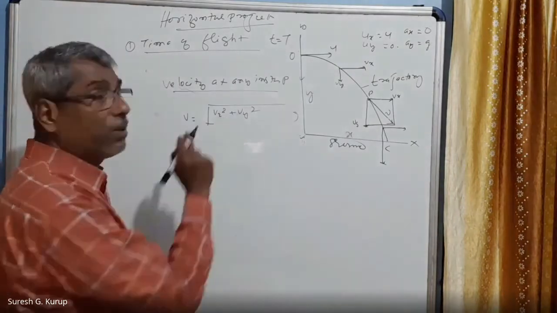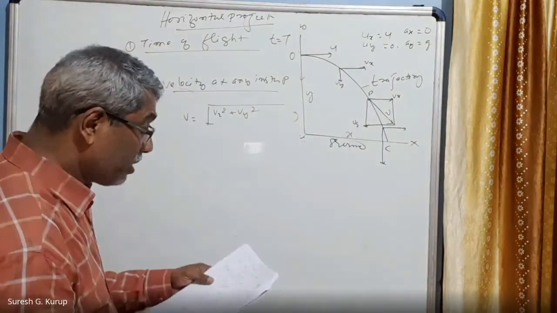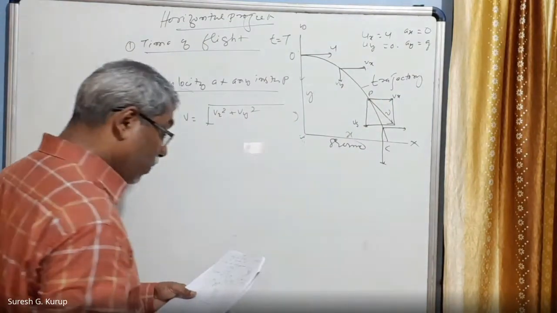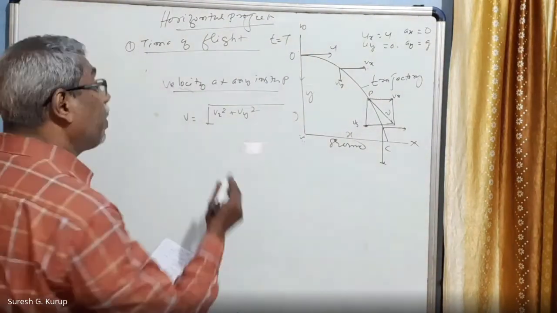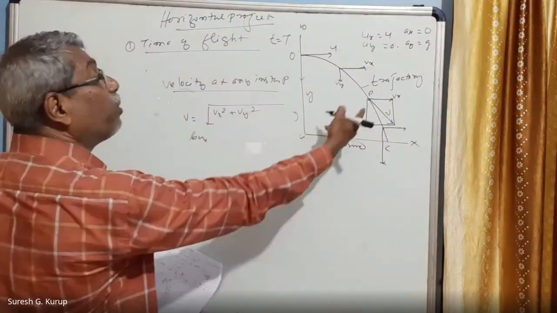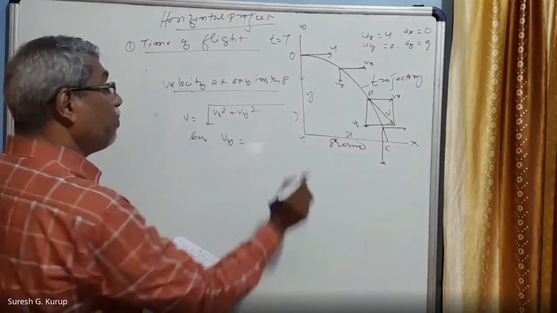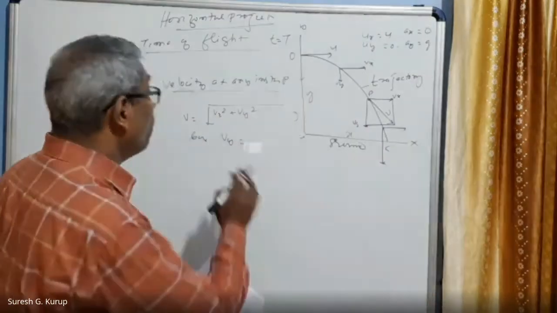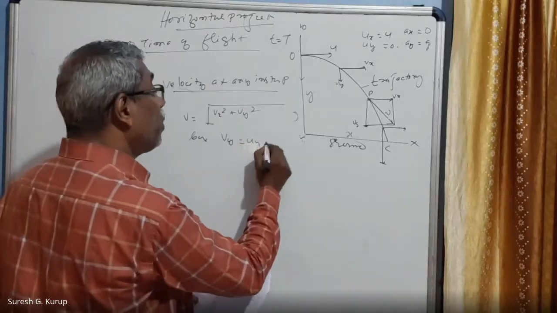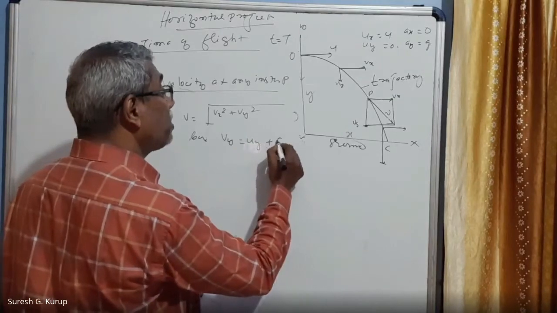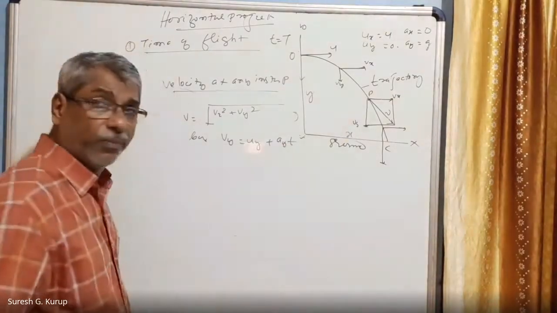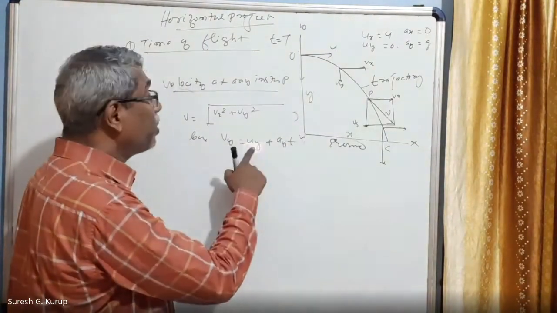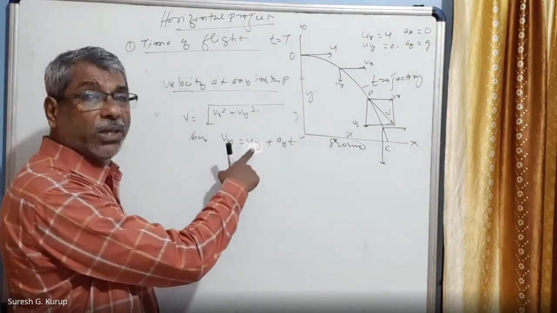But Vy can be calculated, right? From the expression V is equal to U plus AT, Vy is equal to Uy plus AyT. What is Uy? The initial velocity along the vertical direction.